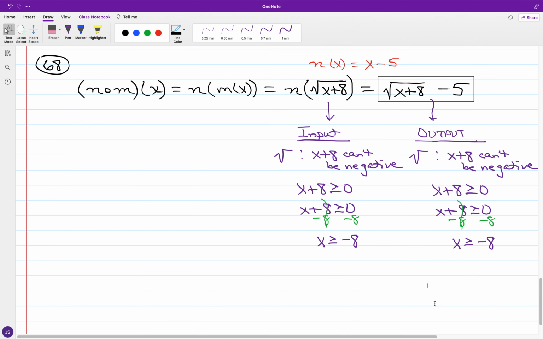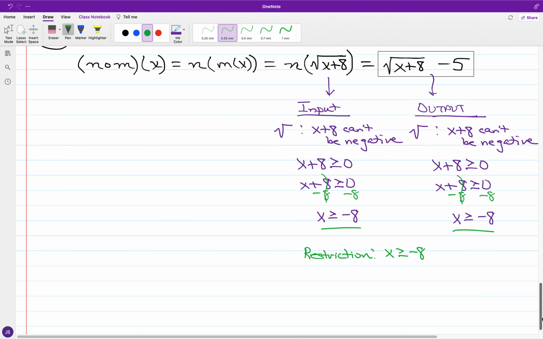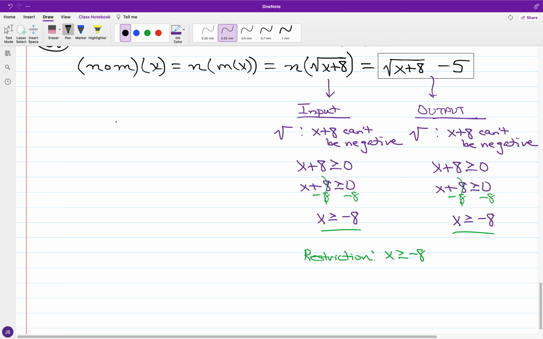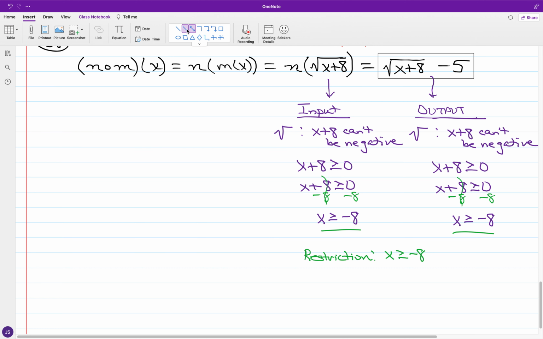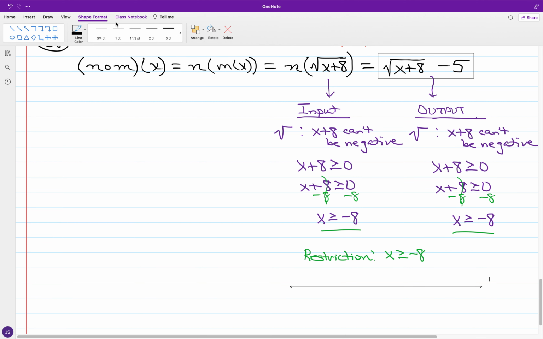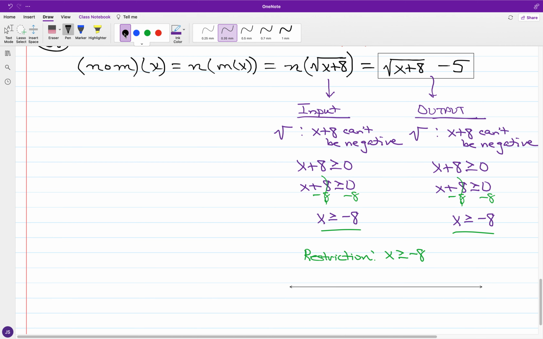And so for the input and the output, the restrictions are identical. Just setting it up, we have for the domain the inequality that defines the domain.